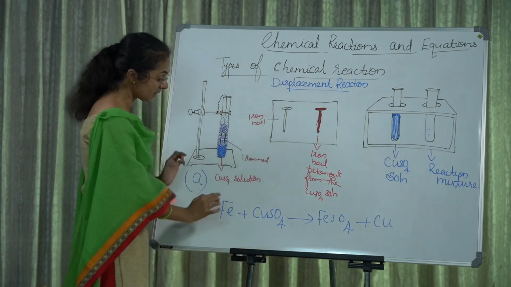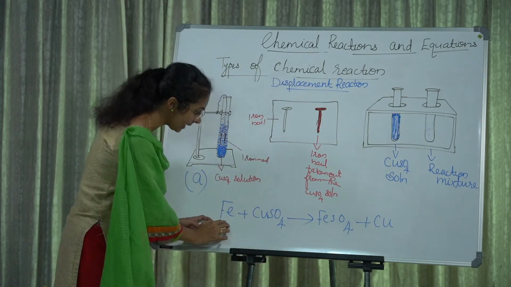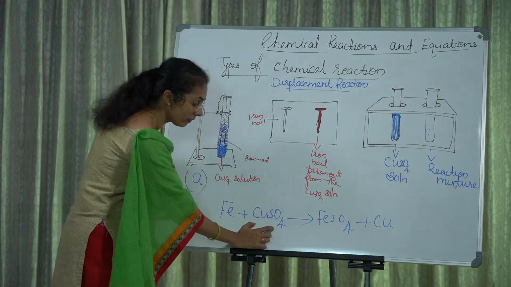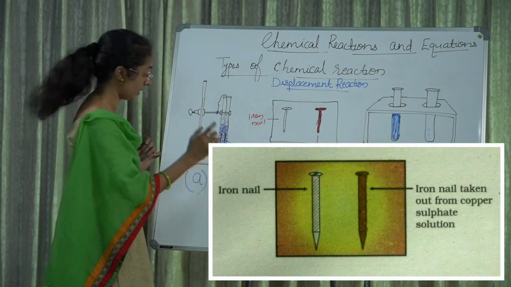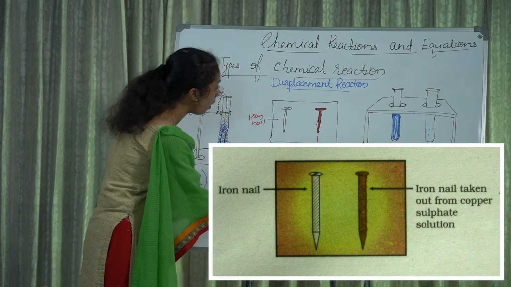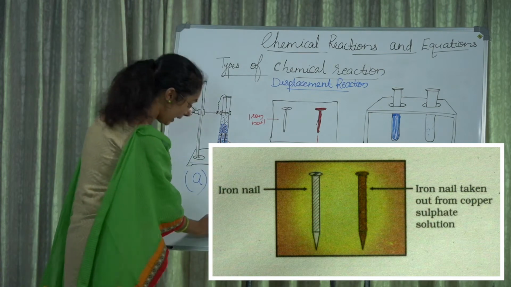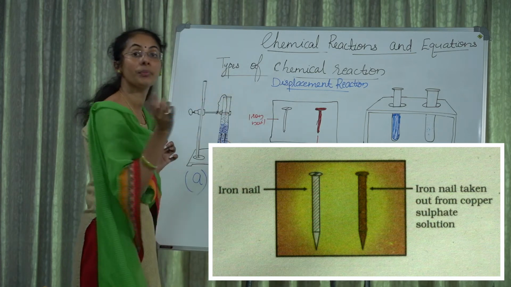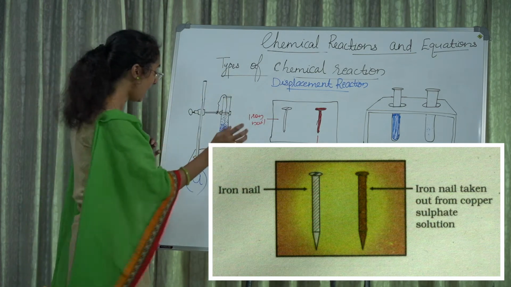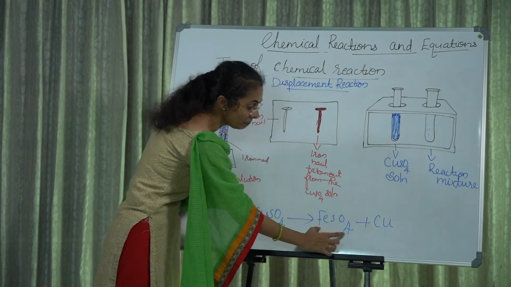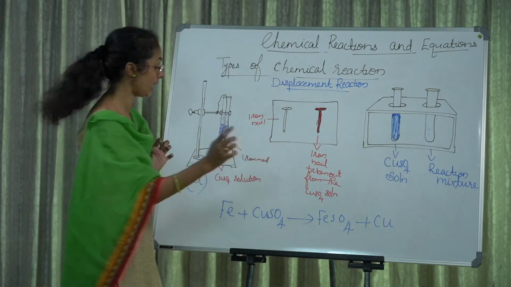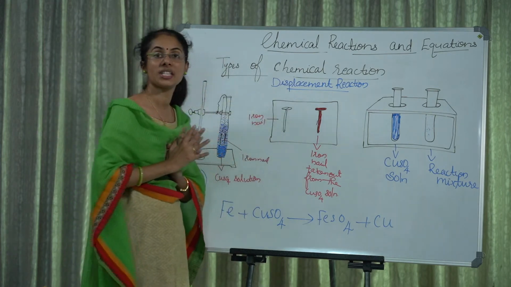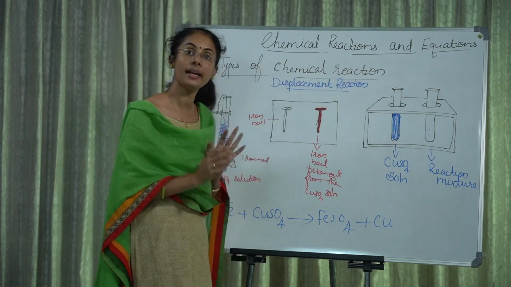Displacement reaction means, in this case, the iron removes or displaces the sulfate, SO4, from the copper sulfate compound and joins to form FeSO4. This type of reaction is called a displacement reaction.